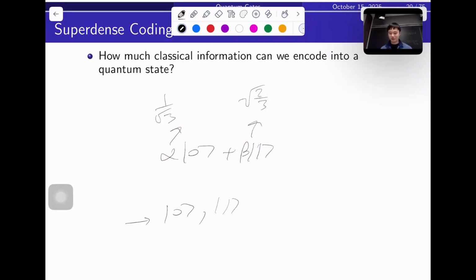Imagine I'm sending a qubit to you and I want to send classical information to you through that qubit, and you can do whatever you want to the qubit after I've given it to you. How many classical bits can I transmit with one qubit?